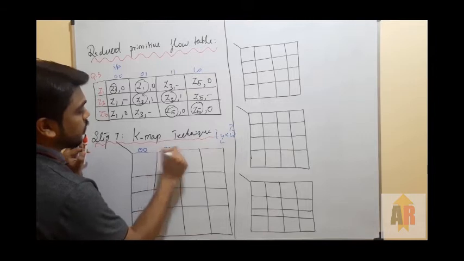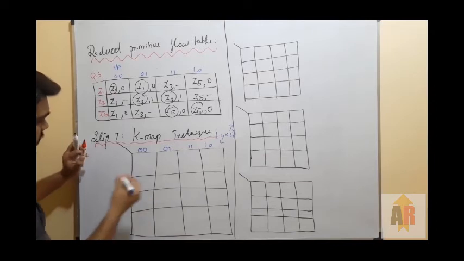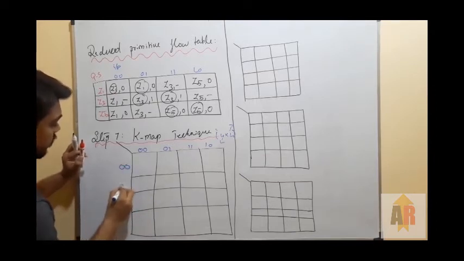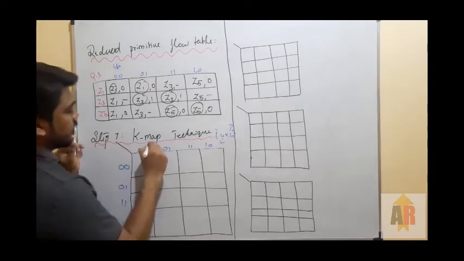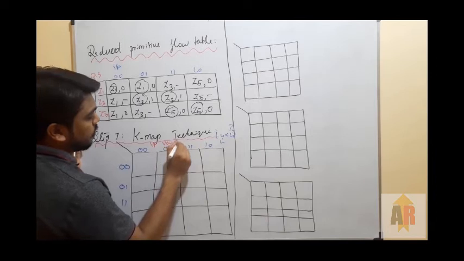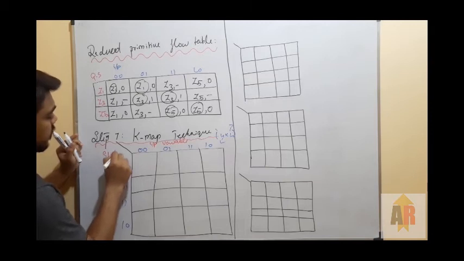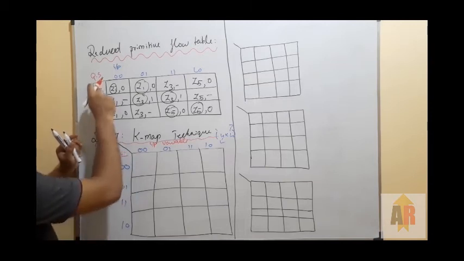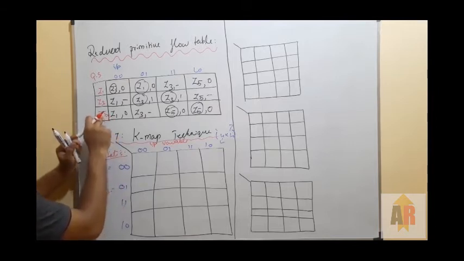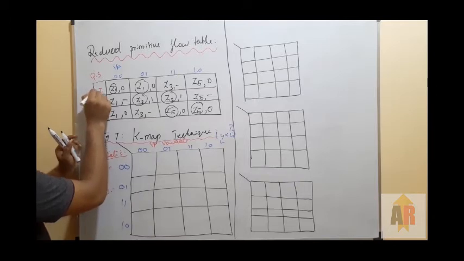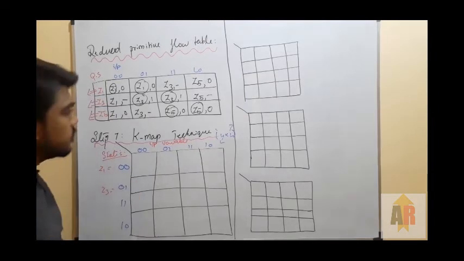So 0 0, 0 1, 1 0, 1 1. Here what we are going to mention is the same thing, 0 0, 0 1, 1 0, 1 1, and this represents the input variables, and the one over here represents your states. I already mentioned that we have Z1, Z3, and 1 0 is Z5 actually, because I just didn't tell about this thing, I hope.